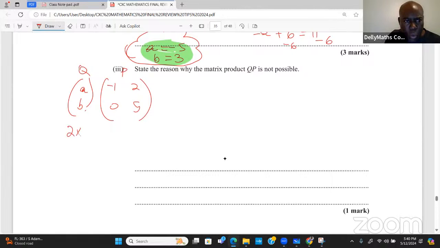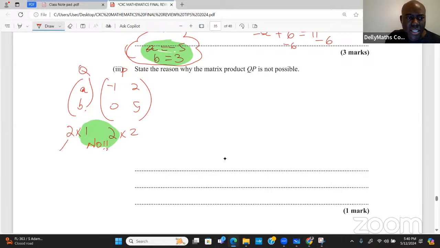This is a 2 by 1 matrix, and the order of this is a 2 by 2 matrix. There are many ways you could state things mathematically. If the two inner numbers here are not the same, it's a no. These two inner numbers, they did not match, so it cannot work.